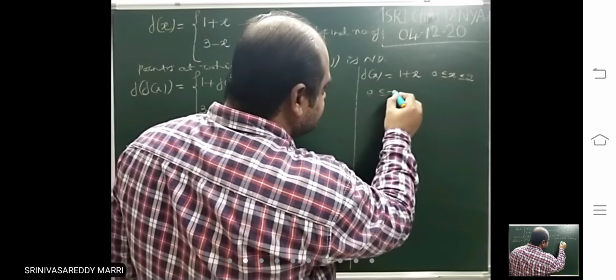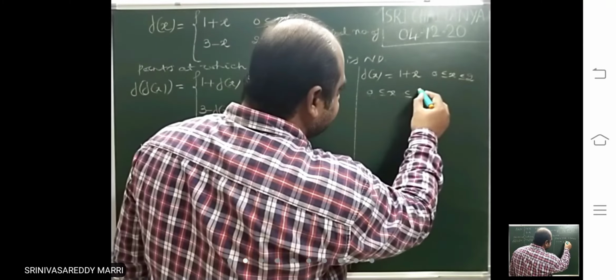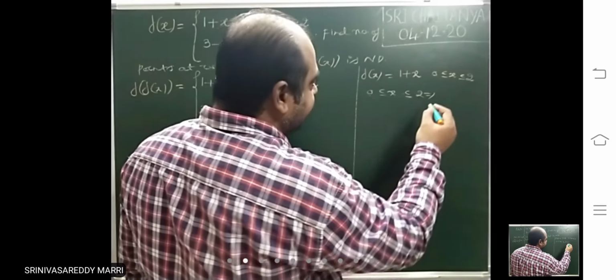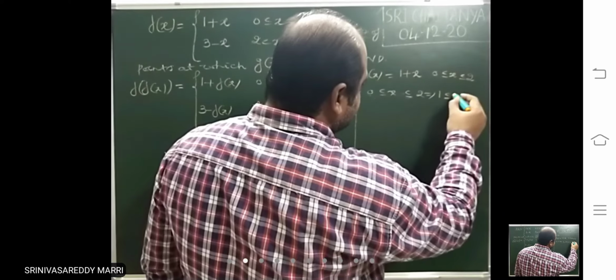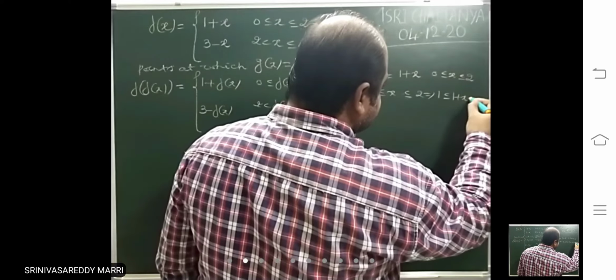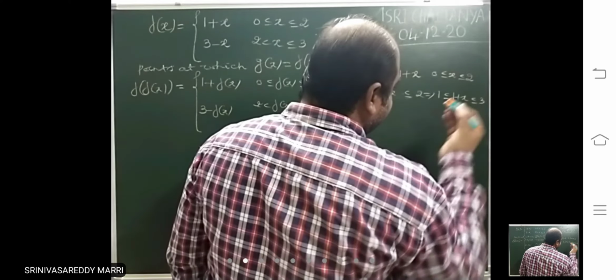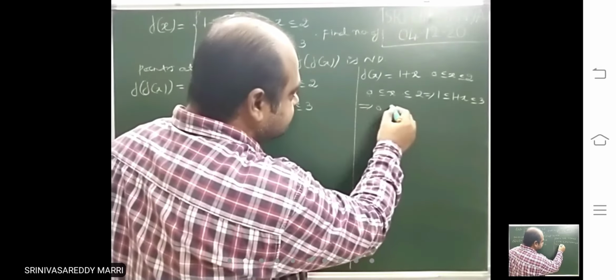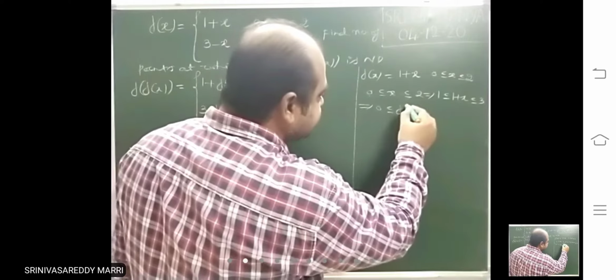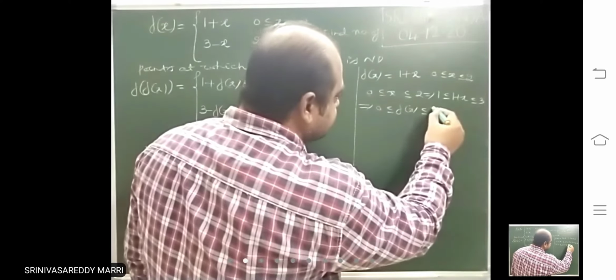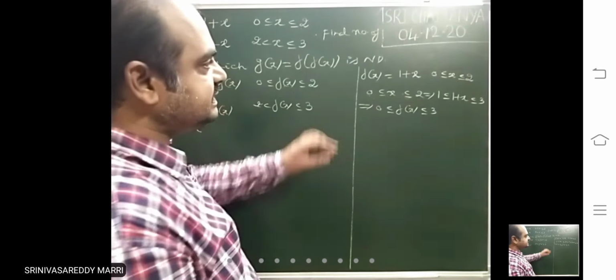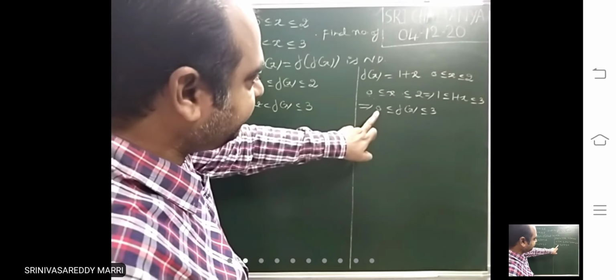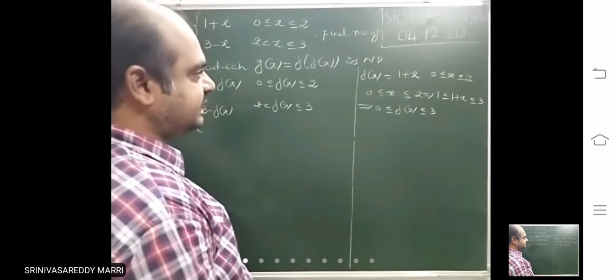So for the x interval 0 to 2, add 1. Where f of x lies, that means the range: f of x lies between 1 and 3. If this is the f of x, then f of x lies between 1 and 3.